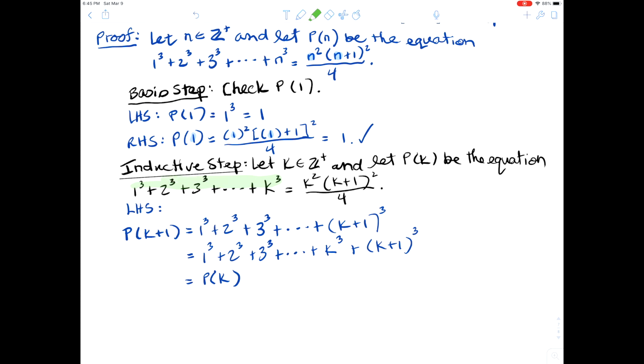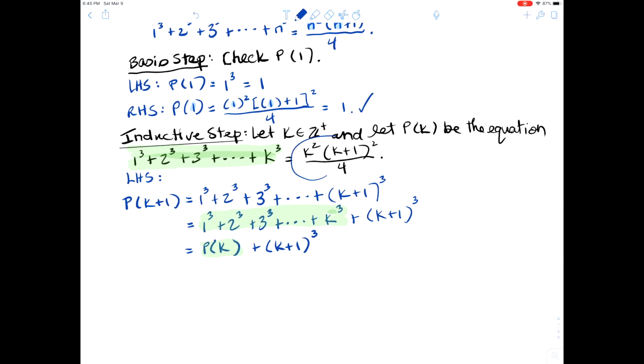So here, remember, this is the left-hand side for our P at k. So we have an equivalence here. And then we still have to remember to continue with the (k plus 1) quantity cubed. But remember that P at k was this quantity here. So that is k squared times quantity (k plus 1) squared over 4 plus (k plus 1) cubed.